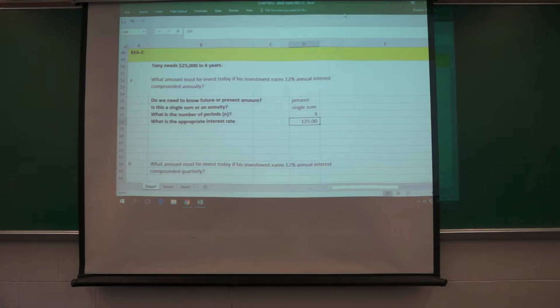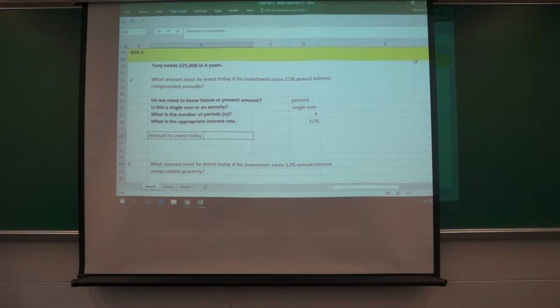12%. There we go. Okay, so to set up the problem, you have to think about this a little bit. The number we're asking, what amount to invest today? So amount to invest today.